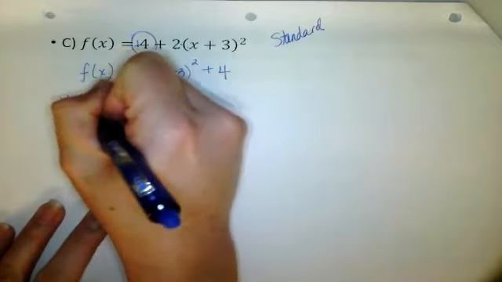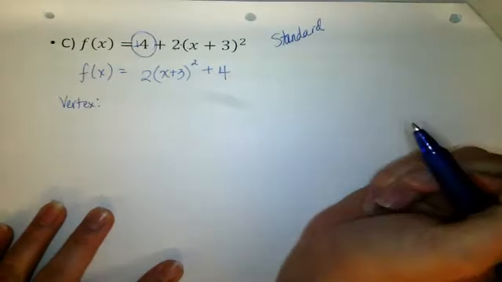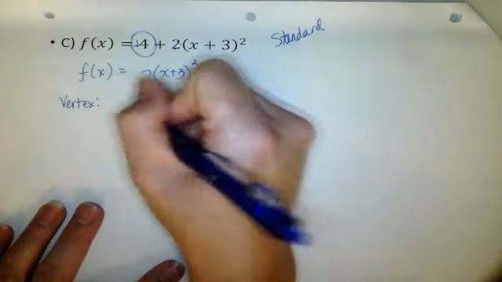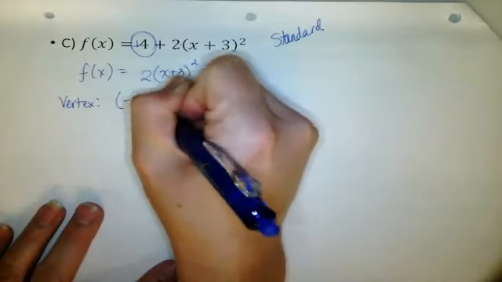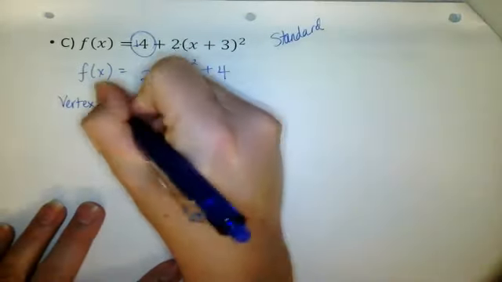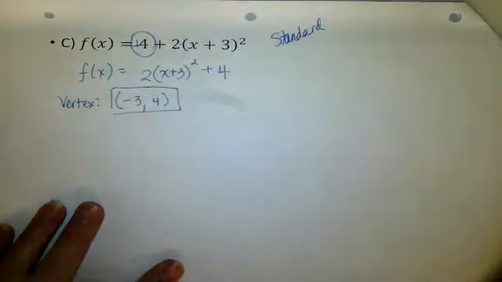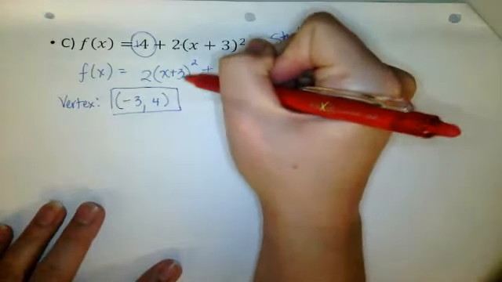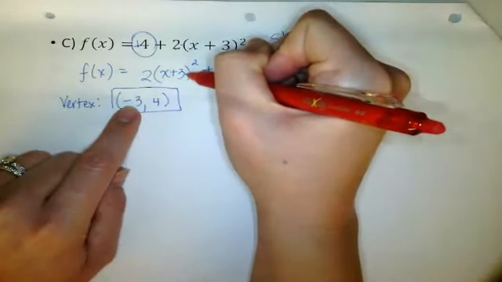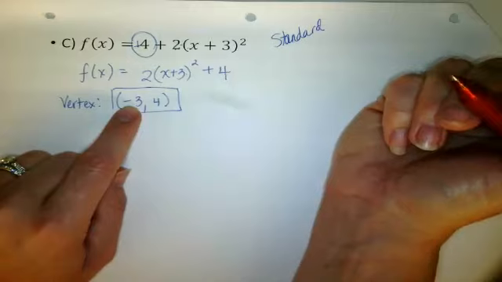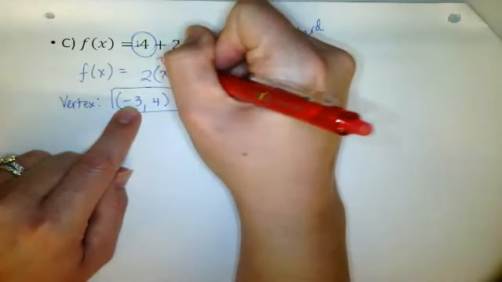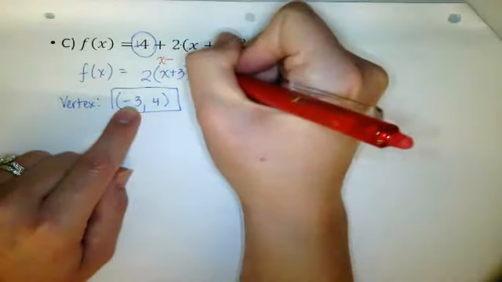What is the vertex? -3, 4. Very good. -3, 4. H and K, remember, why is it -3 instead of +3? The formula is x minus h.